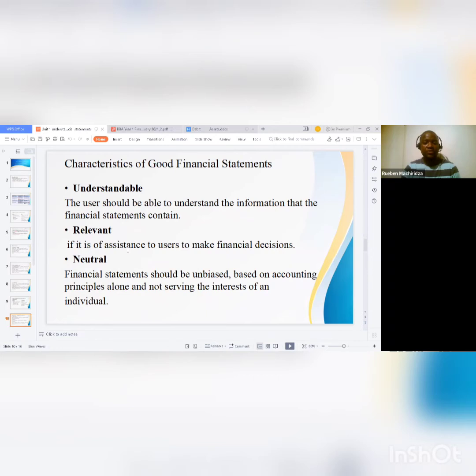So we must be able to tell which one affects and assists the users and which one does not. And only those that assist the users to make a financial decision are the ones that we include in the financial statements.